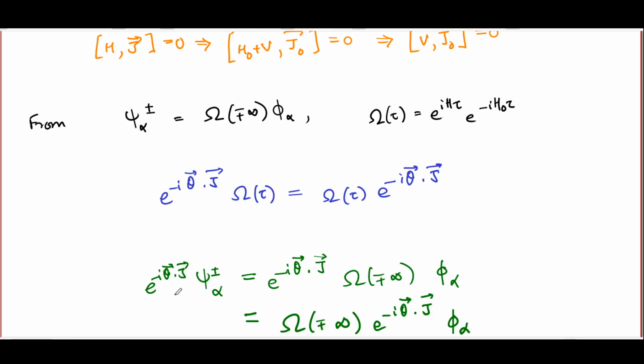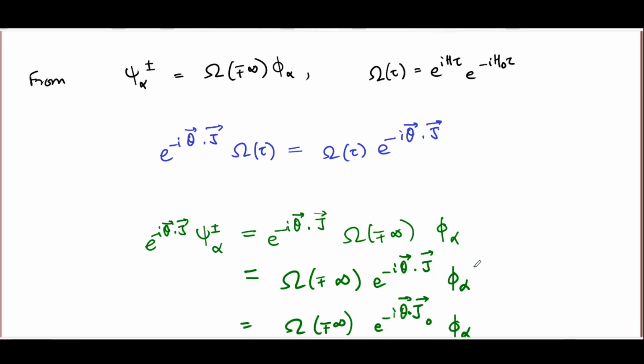And therefore e to the minus i theta dot J psi alpha plus minus will be equal to e to the minus i theta dot J acting on omega minus plus infinity phi alpha, and because of the commutation you can move the e to the minus i theta dot J to the other side.